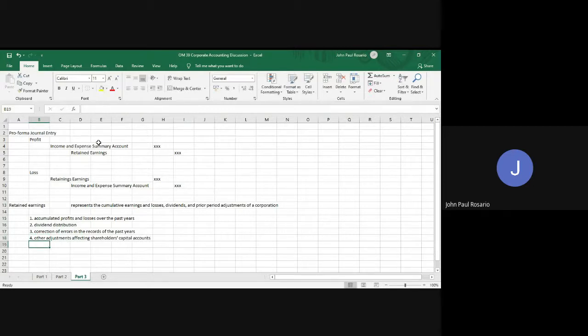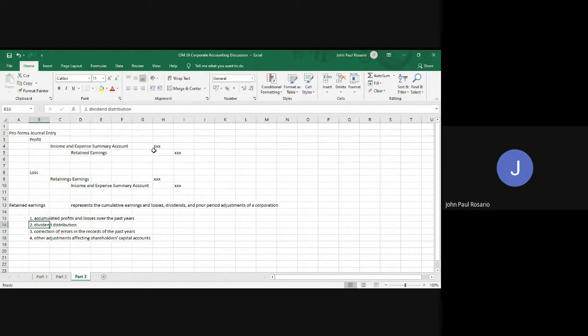Okay. So for number 3 and number 4, we will no longer be discussing these. And for the accumulated profits and losses for the past years, this is just your entry for that. So that would mean that we will be concentrating on our dividend distribution.